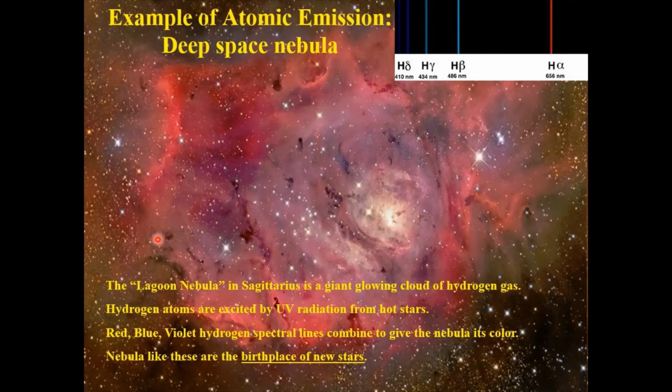So in astronomy, whenever we see a reddish, pinkish cloud like this, we know that we're looking at hydrogen. And by the way, this nebula here is the birthplace of new stars. These stars inside the nebula that you can see are actually newborn stars that have formed from this giant cloud of hydrogen gas.